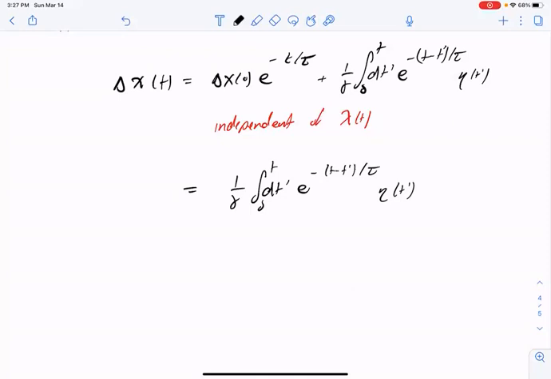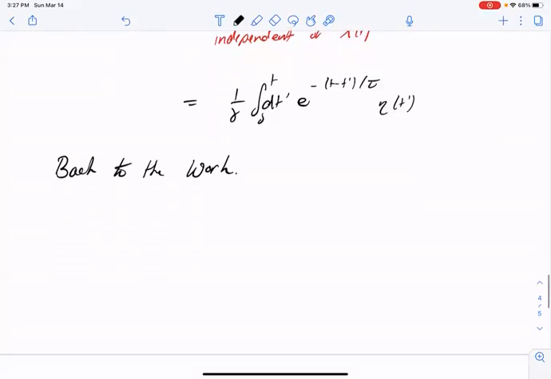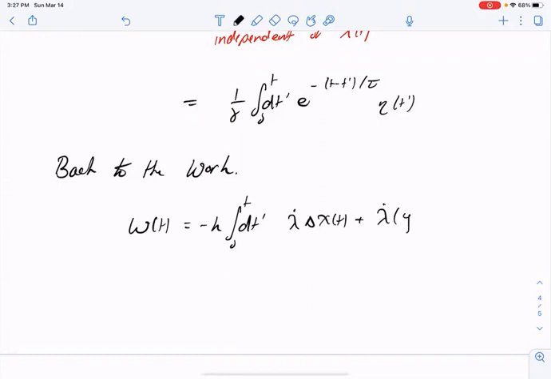So back to the work. In terms of our new dynamic variables, it's straightforward to write down the work. The work as a function of time is a time integral from 0 to t of minus the spring constant, and now lambda dot delta x of t plus lambda dot y less lambda.